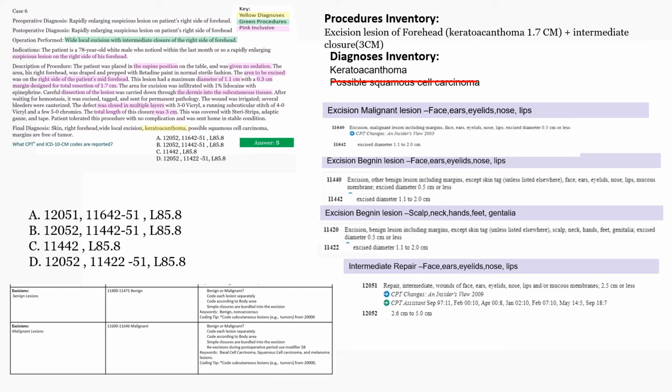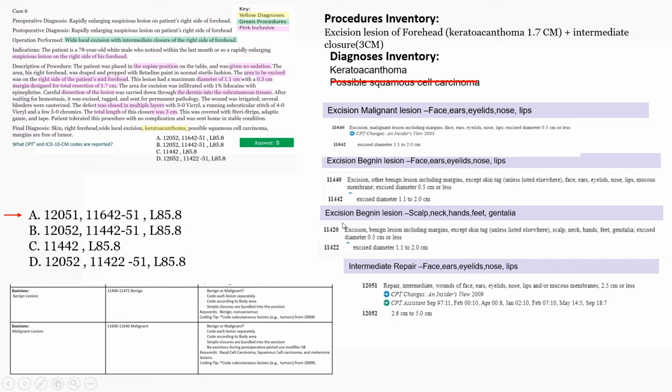If you remember that, straight away you can see that keratoacanthoma being a benign lesion, we can eliminate any codes in these 4 options starting with 116 series. So I can see that in option A. If I remember that point, I will be straight away eliminating option A.